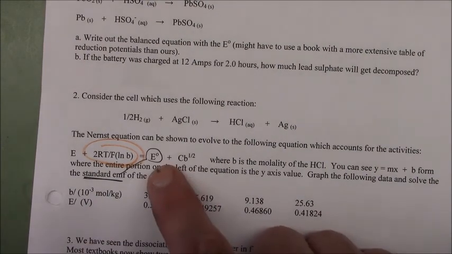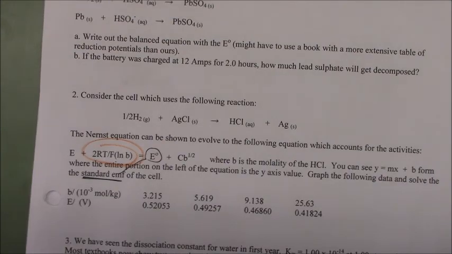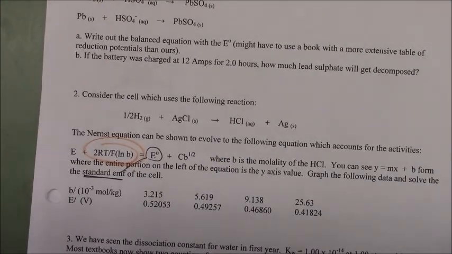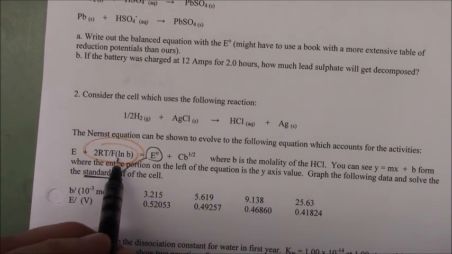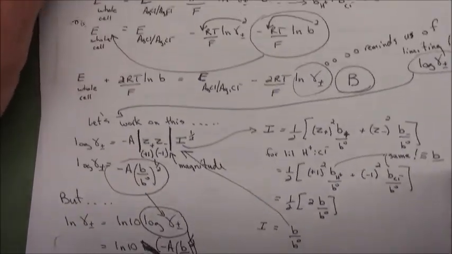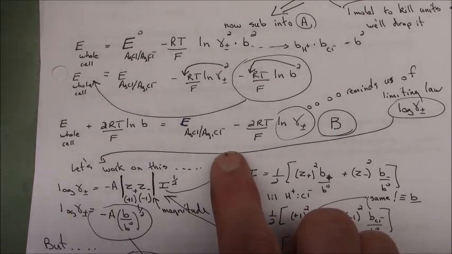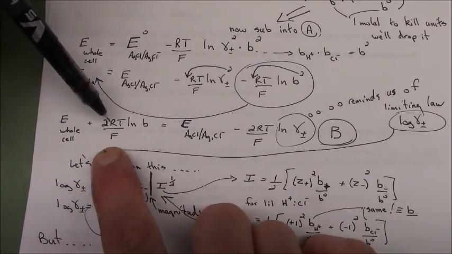So what I'm going to do is take a quick look at my notes here. All right, I'm back. So I just dawned on something. A lot of students, what they're doing with that ln B is they think it belongs multiplied by F in the denominator. That's not true. If you look in our notes or in the textbook, this is one of the most famous, most derived things in all of electrochemistry. So in our notes, we derived it to this point.